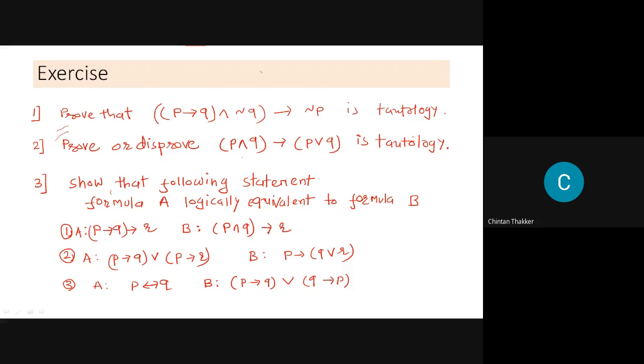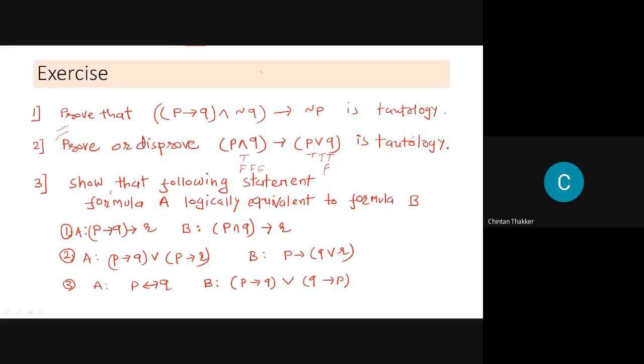In a conjunction, when both are true, it is true. The remaining three options are false. In disjunction, the first three are true, and the last one is false.